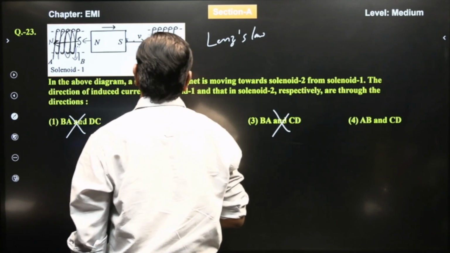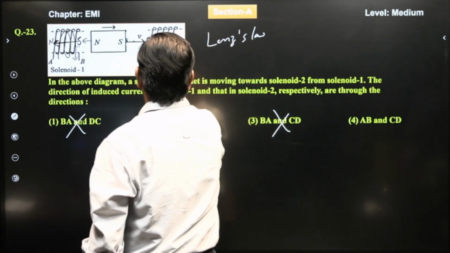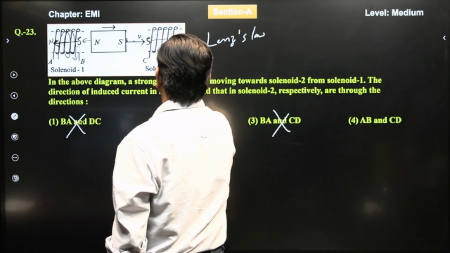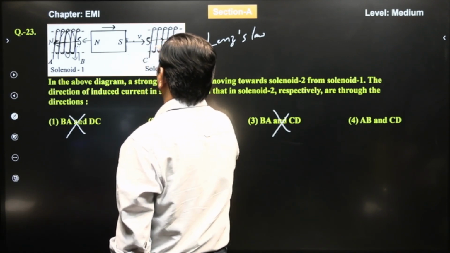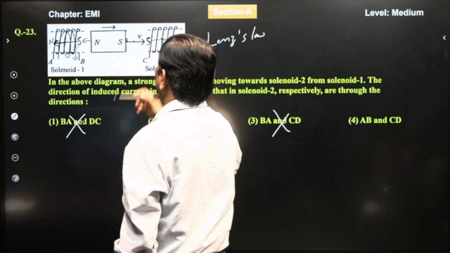Inside the coil, the field direction is from south to north, so this side north and this side south.